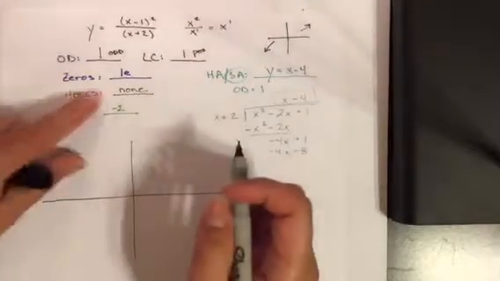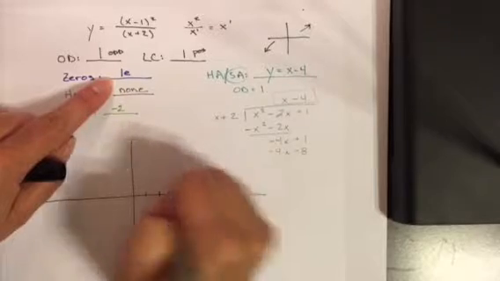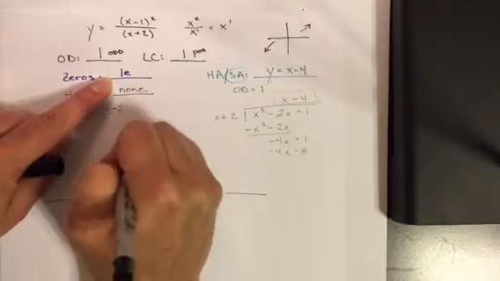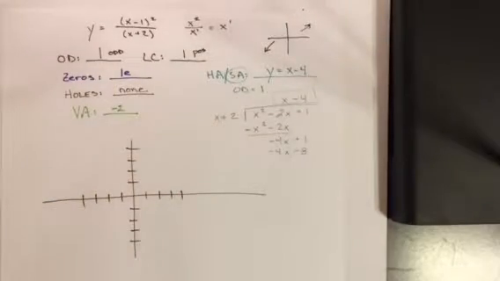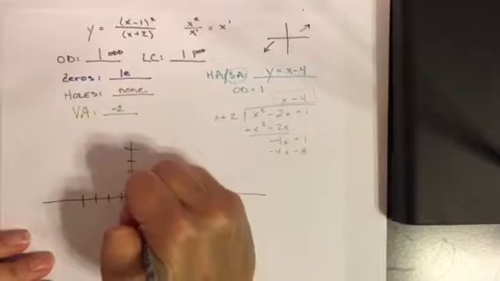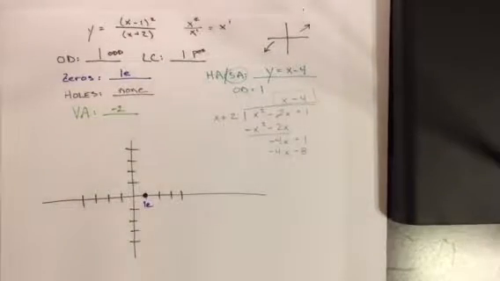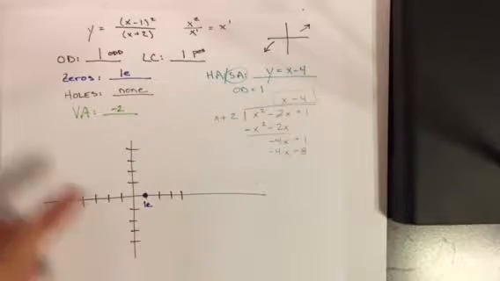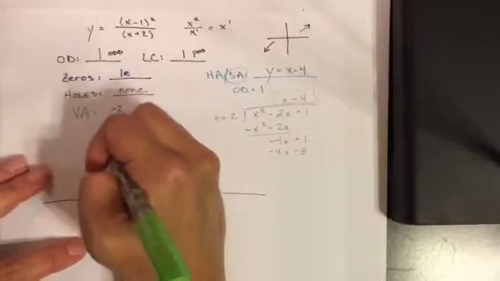All right. So I need to have a 0 at 1, and it is even. So I'm going to write myself a note of that so that when I get to graphing and I get to that point, I can remember what I need to do there. I have a vertical asymptote at -2.